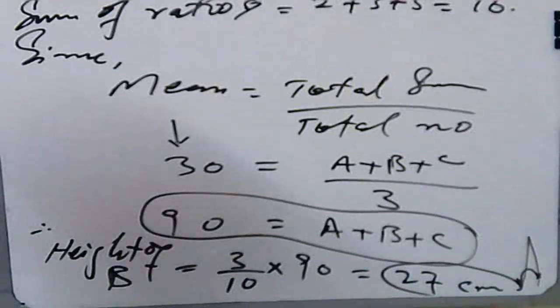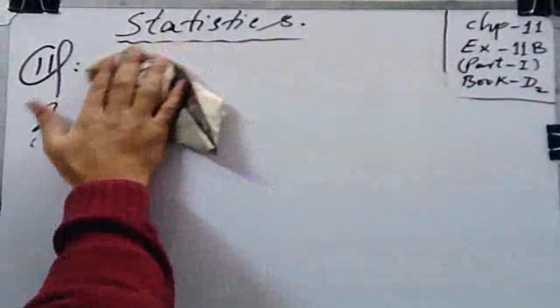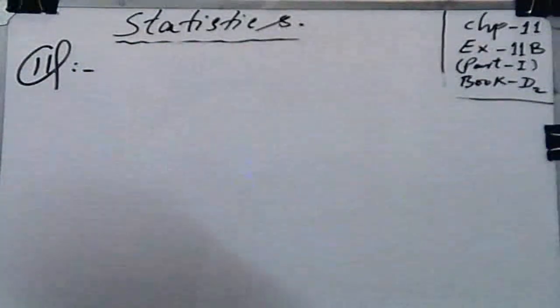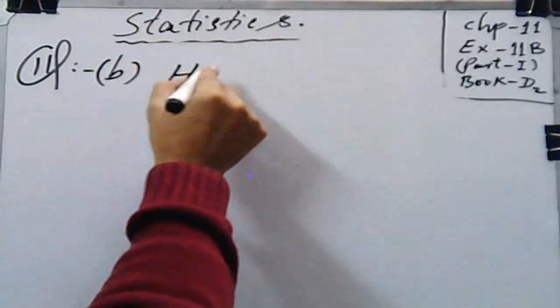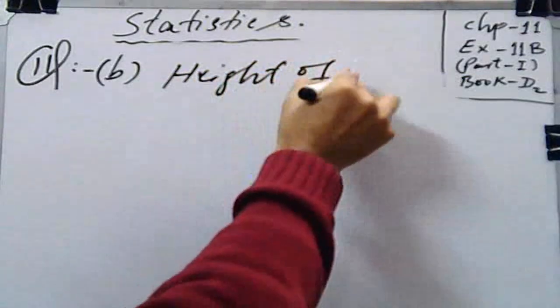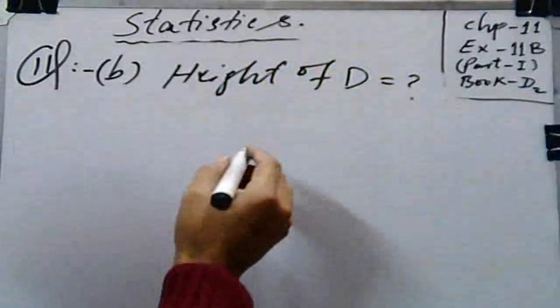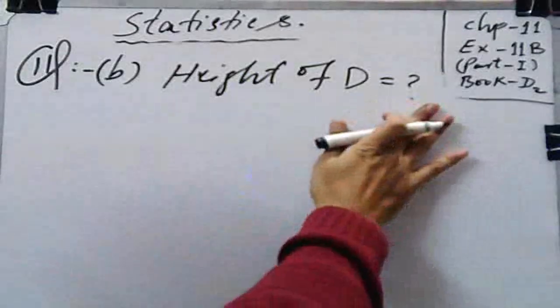Now for the next portion of the same question, the B part: if another plant D is added to the garden, the mean of the 4 plants is now 33 centimeter. Find the height of D. Suppose that is A centimeter.